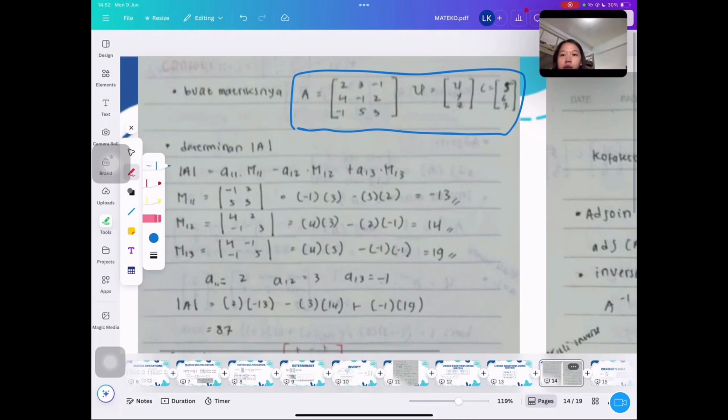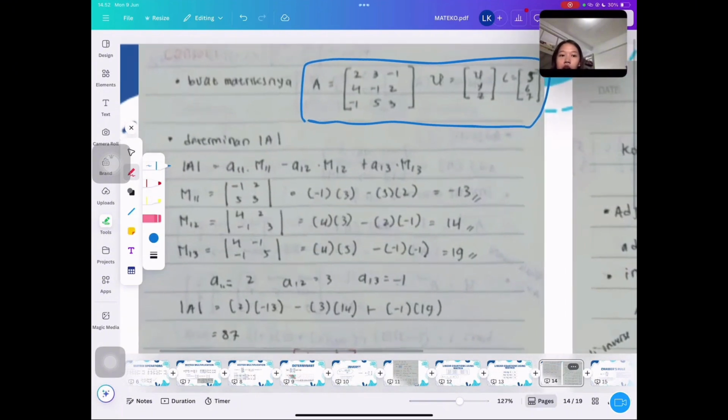First is minor 1,1. Minor 1,1 is the determinant of the submatrix obtained by removing the first row and the first column from the original matrix. So for minor 1,1, we have to hide this, and we got the answer minus 1, 2, 5, and 3.